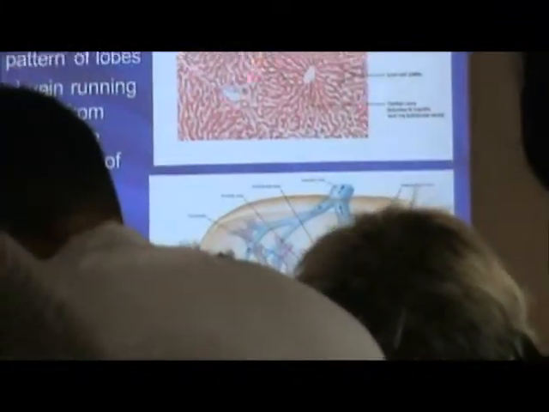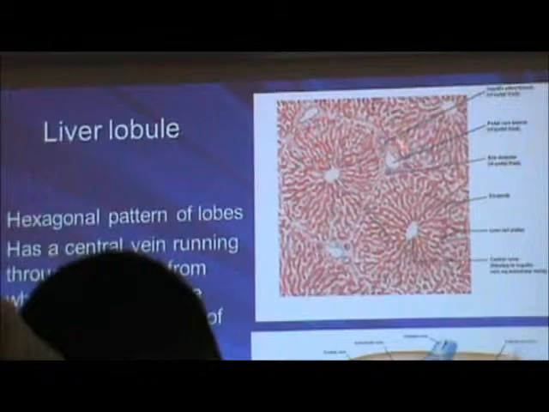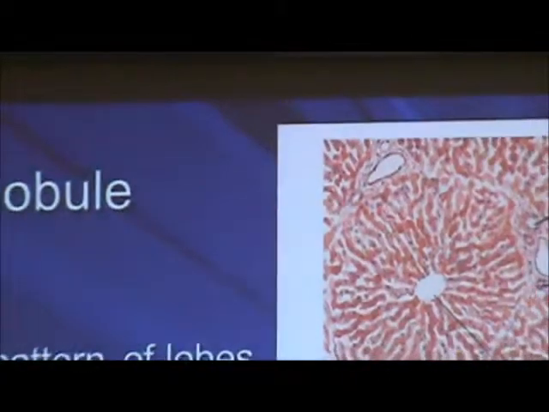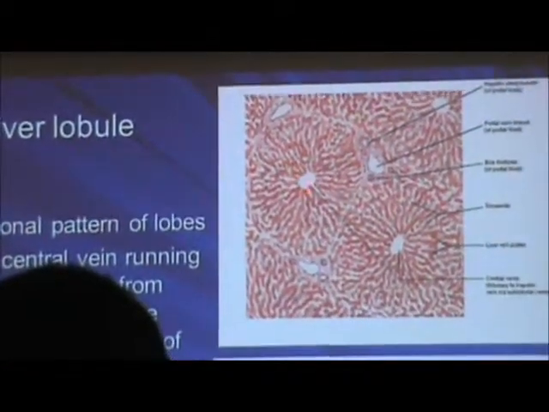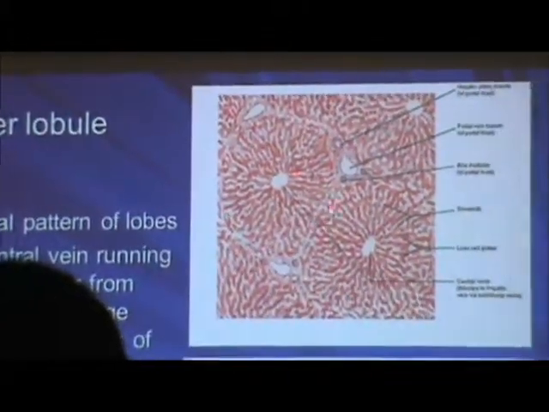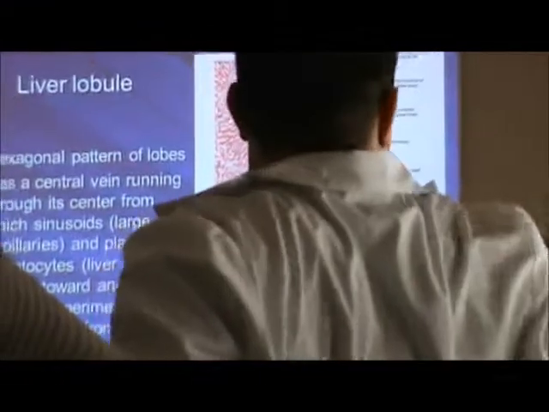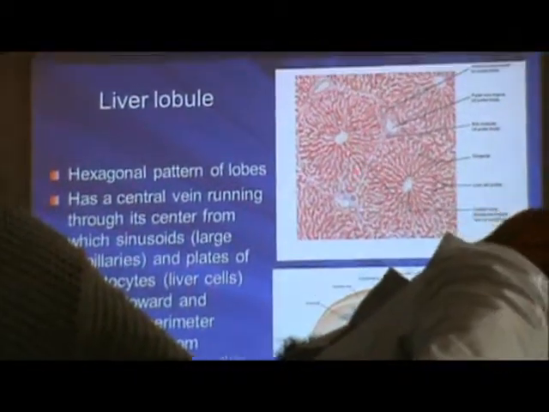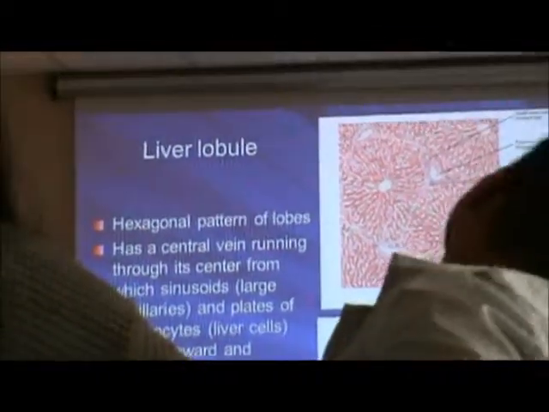Here are the interlobular portal triads, and in the center of the liver lobule is the central vein. And of course around them there are liver cells, called hepatocytes.